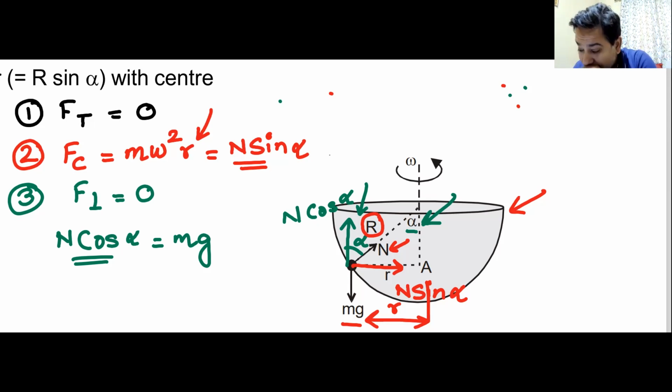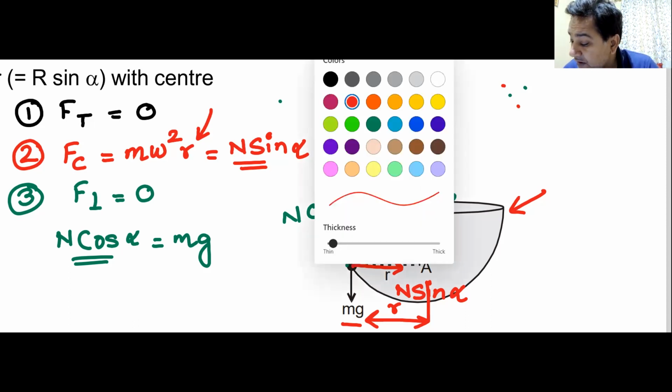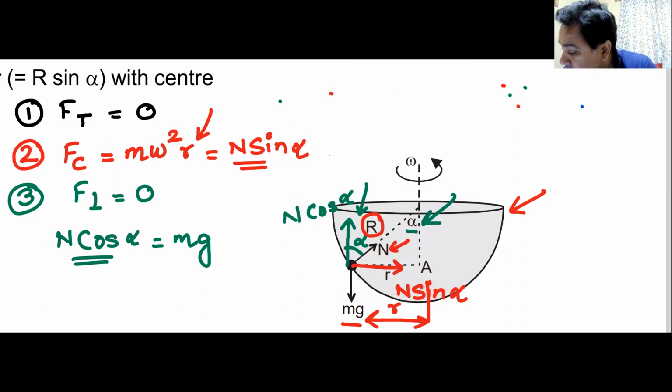Can anyone tell me how do we find out the value of small r from capital R?